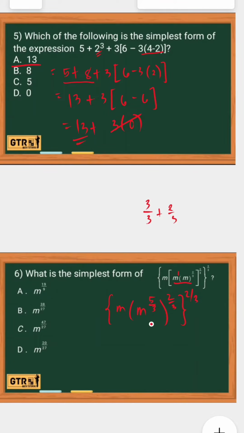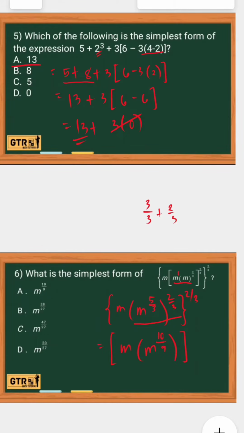So next, using power of a power, we can multiply the exponent 5/3 times 2/3. So evaluate natin ito, dalawang exponent. So therefore we have m raised to 5/3 times 2/3, just multiply the numerator and denominator. We have 10/3 times 3, we have 9.